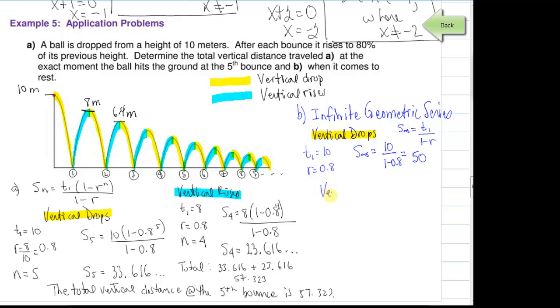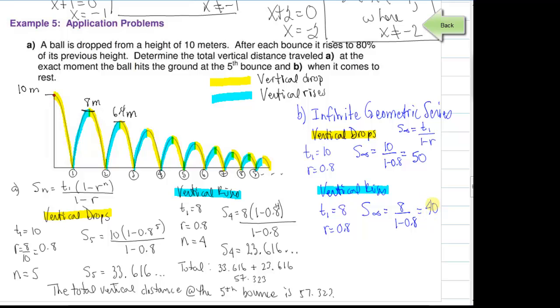Your vertical rises, your T1 this time, because we're starting here, is 8 meters. And your R is 0.8. We plug that into our formula. We get 8 over 1 minus 0.8, and we get 40.